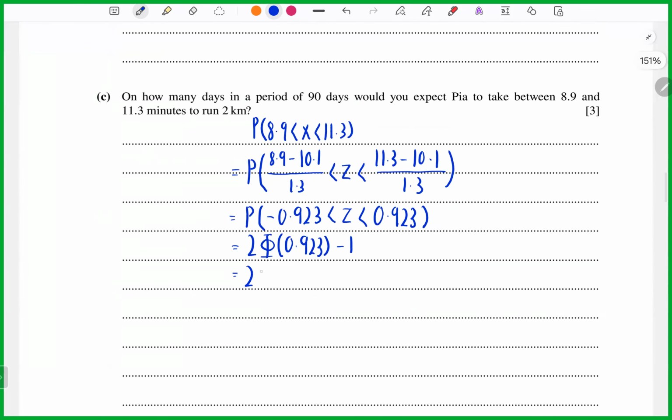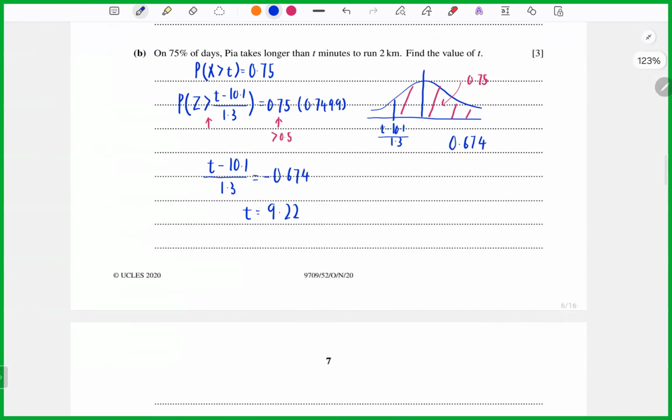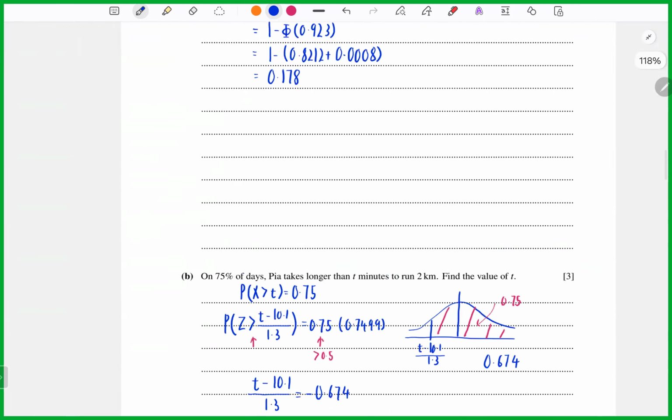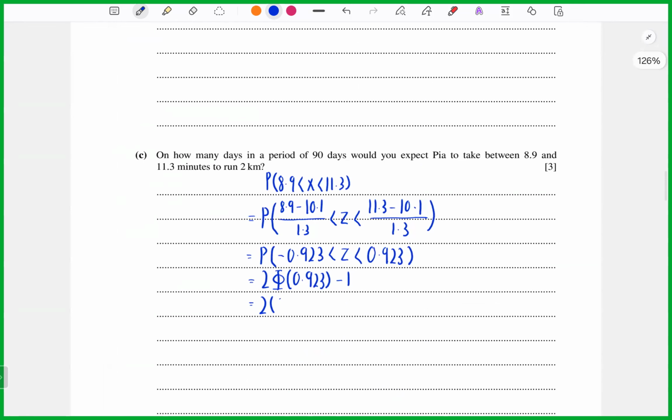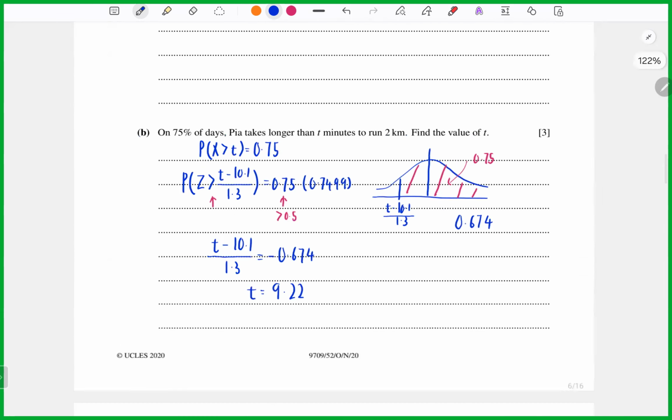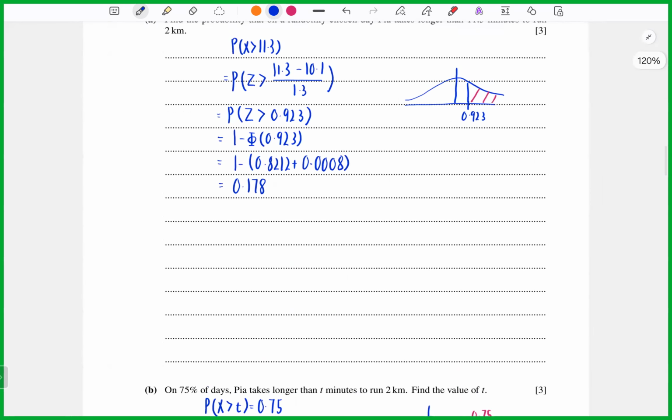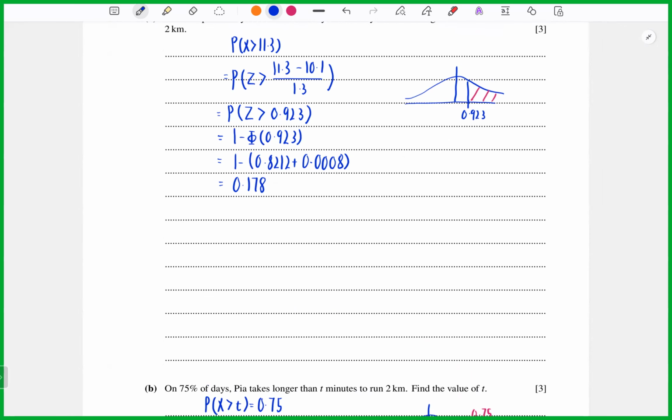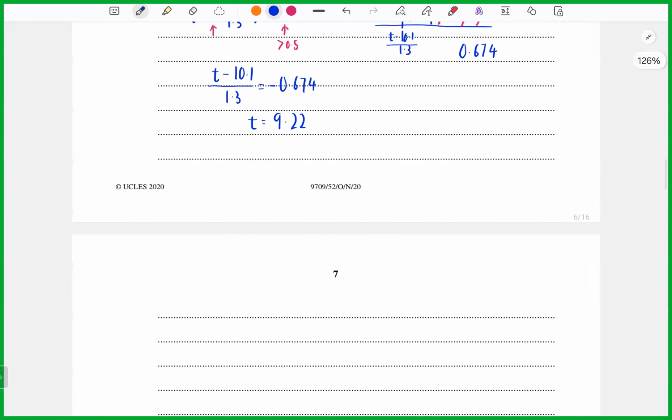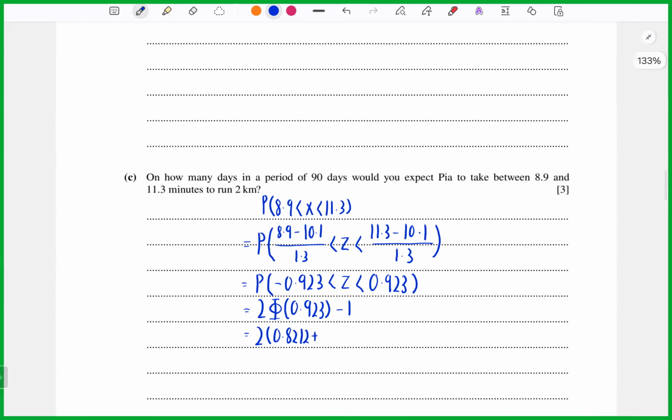It is usually the same as in part A, so you can take 0.8212 plus 0.0008 minus 1.